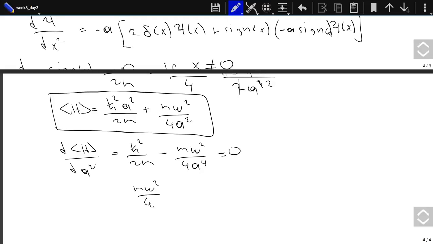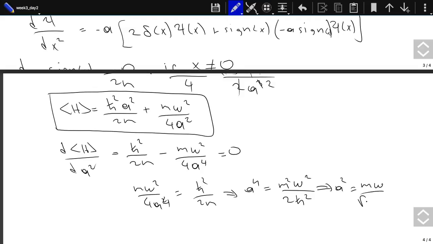So m omega squared over 4a to the 4 is h bar squared over 2m. Now a to the 4 tells me that a to the 4 is m squared omega squared over 2 h bar squared. A squared is equal to m omega over square root of 2 h bar.